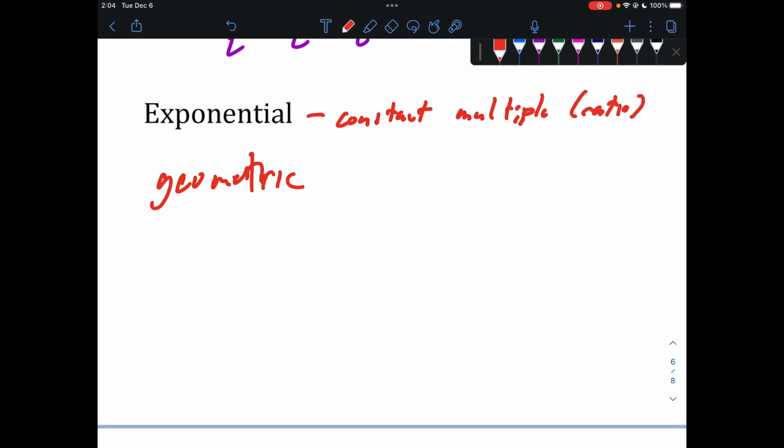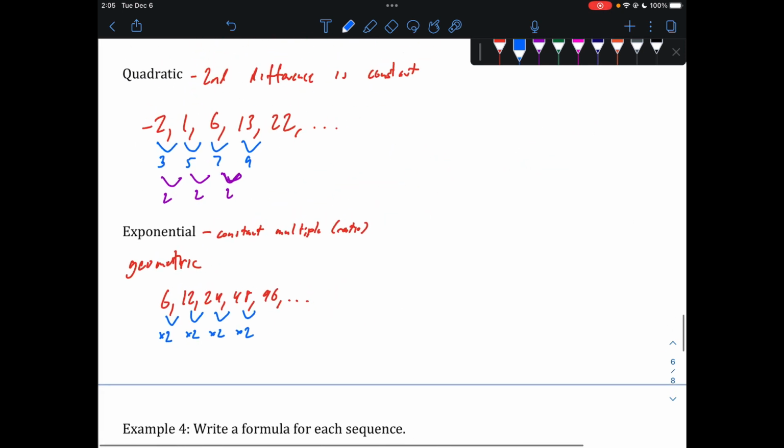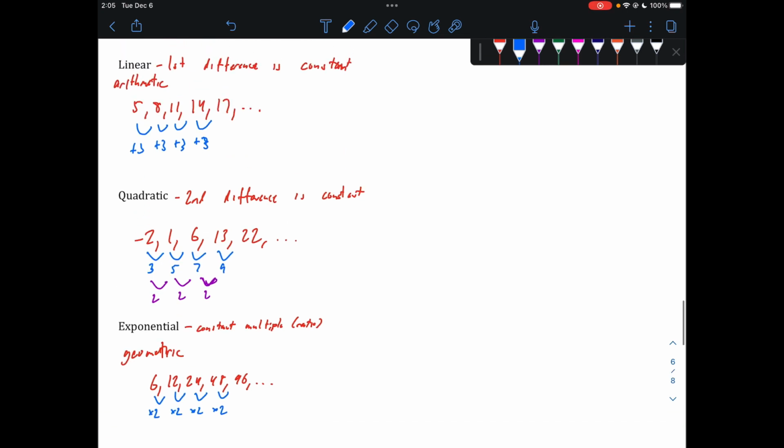An example of that would be 6, 12, 24, 48, 96, and so forth. So for this one, we're multiplying by 2 each time. So those are 3 patterns that we see a lot in sequences.